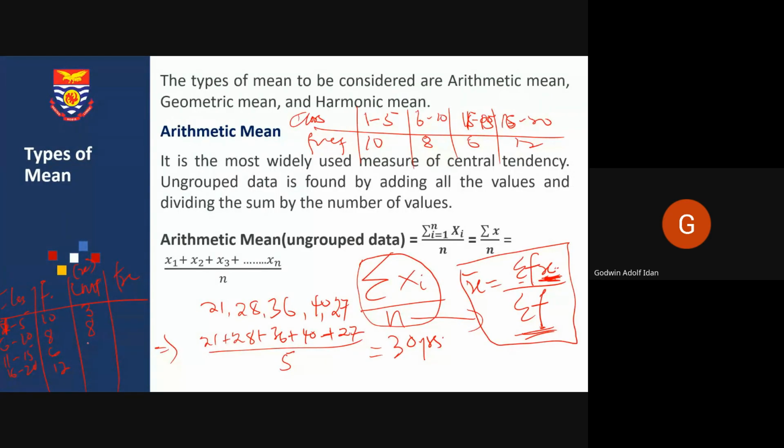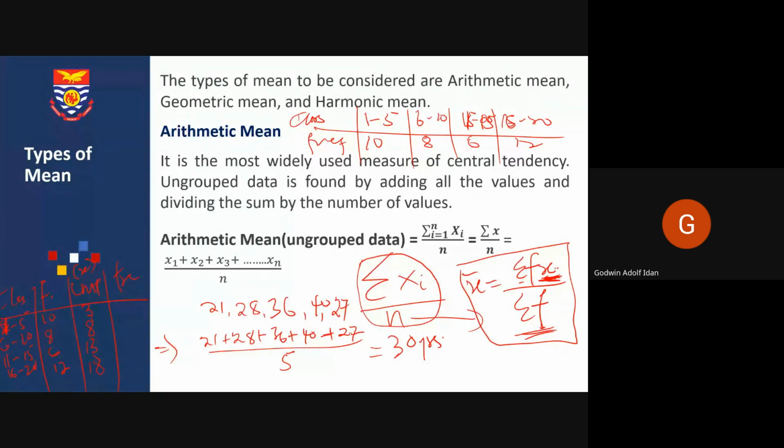What value do we get? 13. And then 16 plus 20 divided by 2 will give us 18. So calculating the class midpoint gives us the X values we have in the formula.